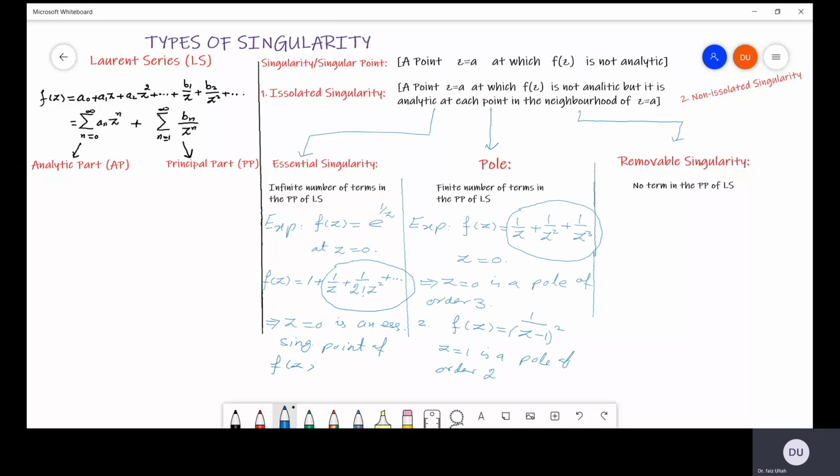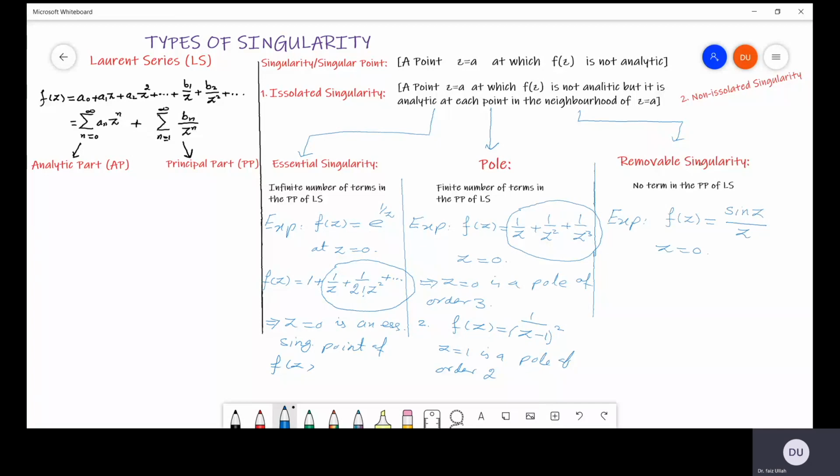For example, let us explain this like this one. We have a function. The function is f of z is equal to sine z over z. And you can see that at z is equal to 0, this function is not differentiable, so it is a singular point of this function.